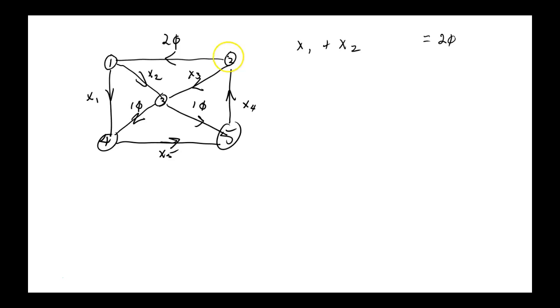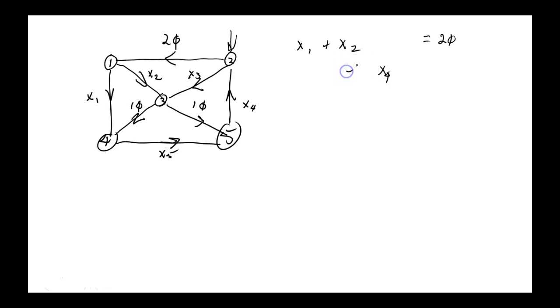You take junction 2. What could you write about junction 2? Here's junction 2. What can you tell me about it? x4 is going up. That's coming in, so x4 is a positive.